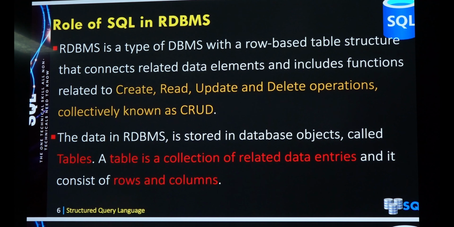The data in RDBMS is stored in a database object called tables. So what is a table? Define table. Sometimes they ask this question for 1 mark, right? A table is a collection of related data entries and it consists of rows and columns.